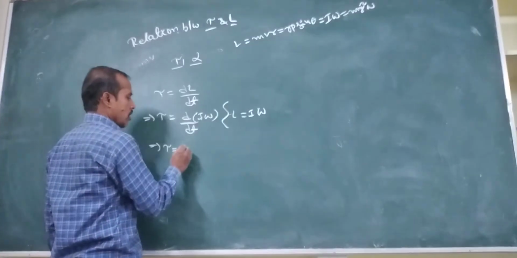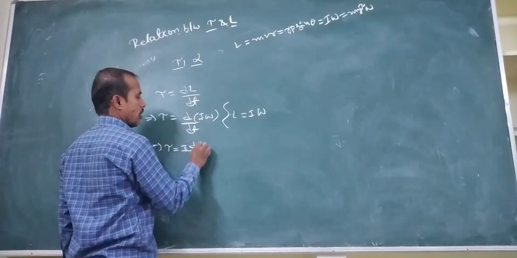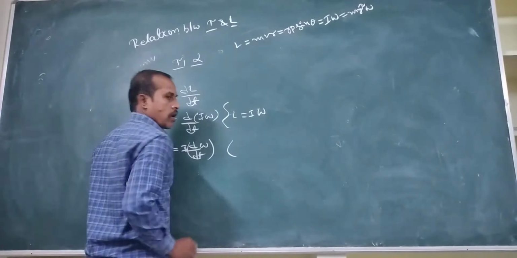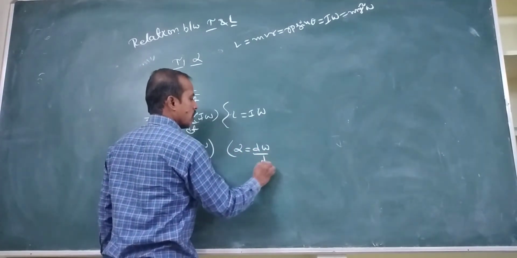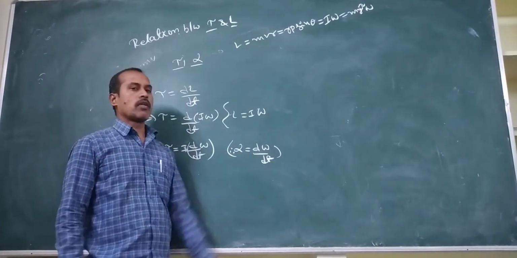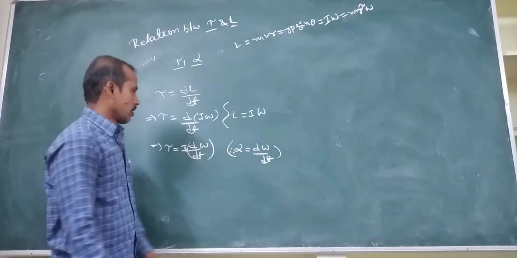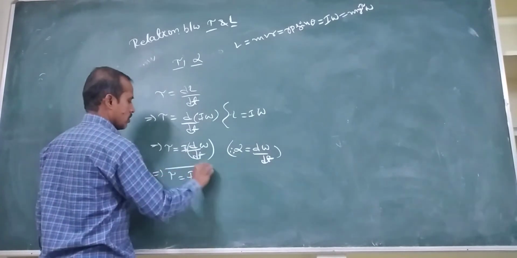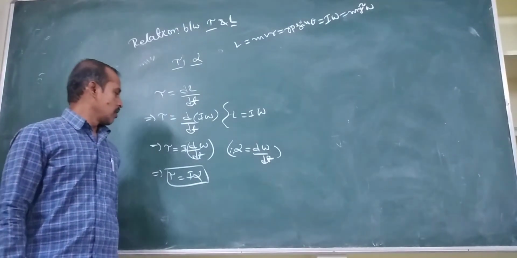So the moment of inertia I is constant, and d by dt remains on omega. Angular acceleration alpha is equal to d omega by dt. That means the rate of change of angular velocity is called angular acceleration. So tau is equal to I alpha. This is the relation between torque and angular acceleration.